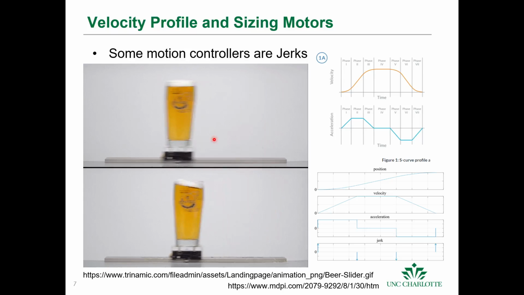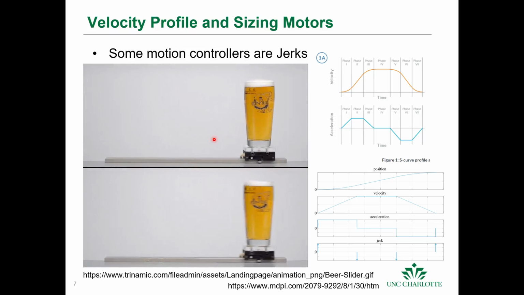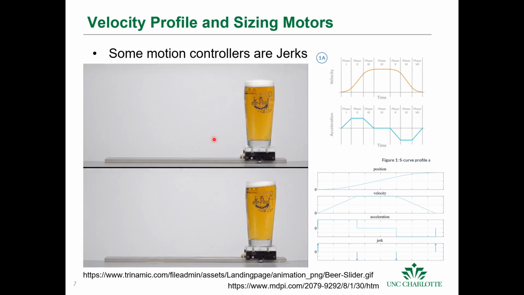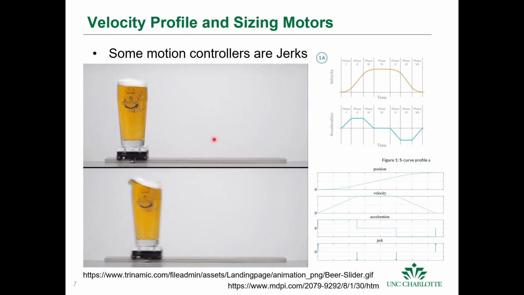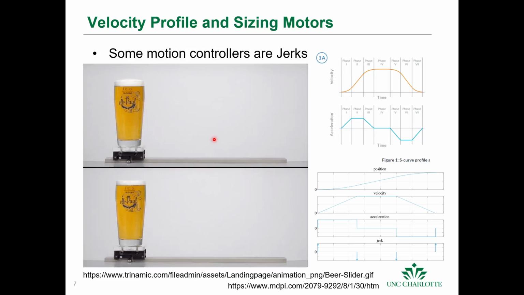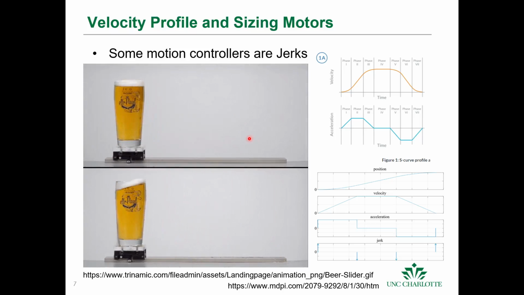You can see with the S-curve as well, we actually are able to get there a little bit faster. It'll obviously depend on the details of the tuning, but some motion controllers are jerks, so just be aware of that. But to do the analysis, you can just pick the desired acceleration. Hopefully I've made that point clear.